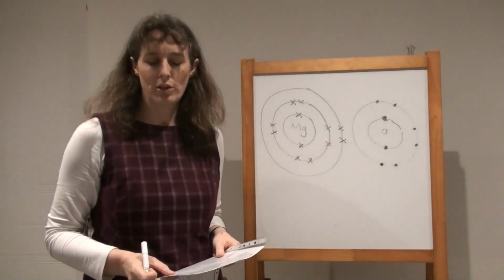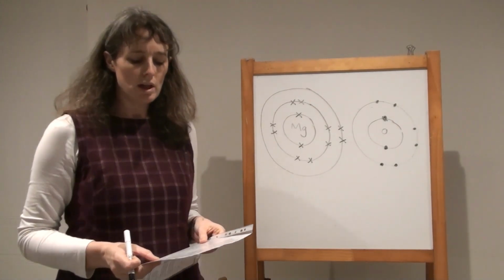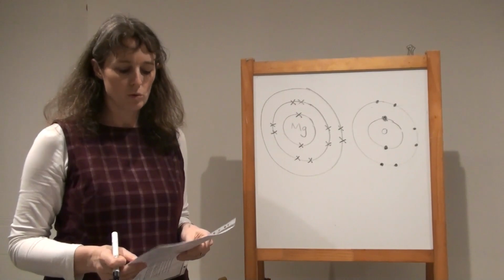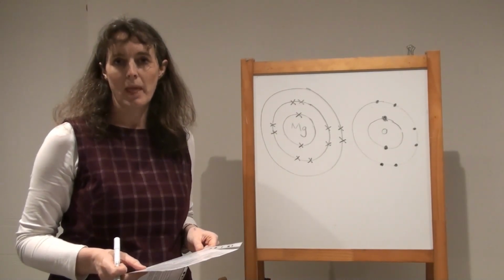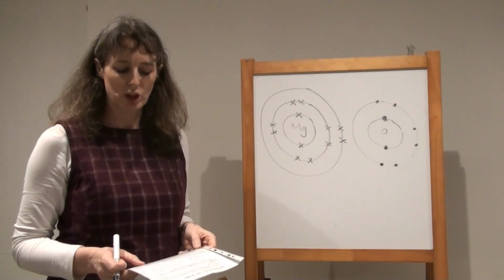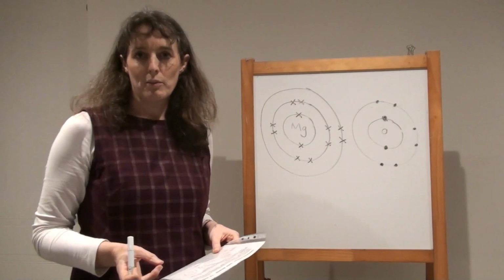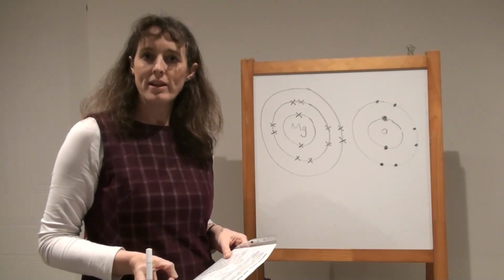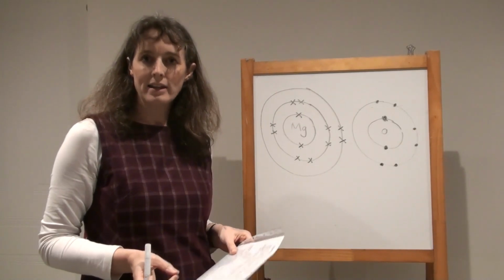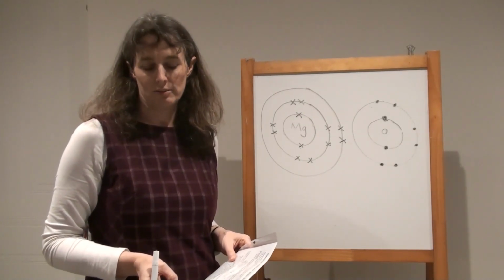Now in question 3 it asked you to explain how magnesium oxide was formed to achieve full outer shells, and you had to do this by a description. So the important thing there was to remember to say how many electrons were moving, whether they were lost or gained, and the fact that they were moving from or to the outer shell.